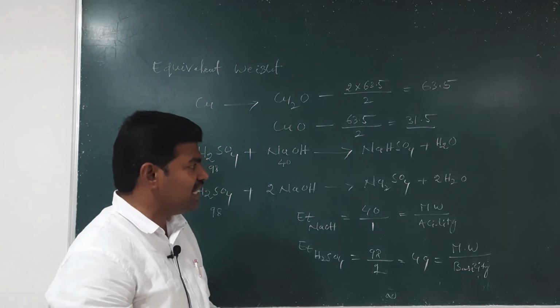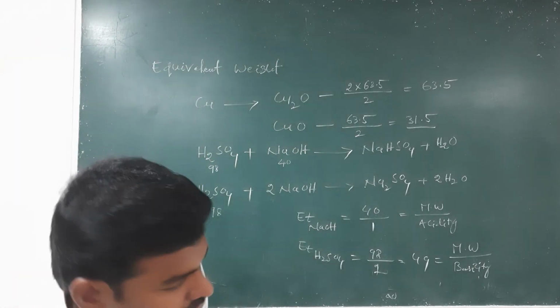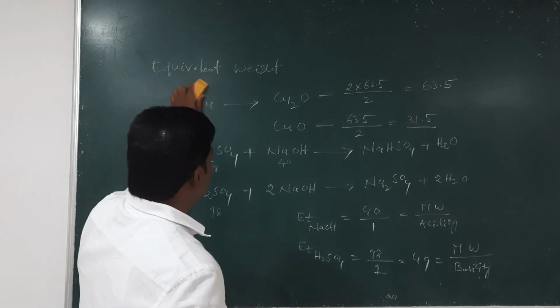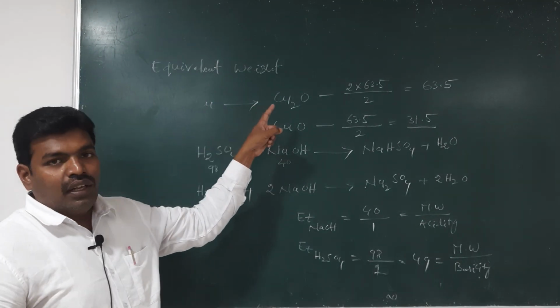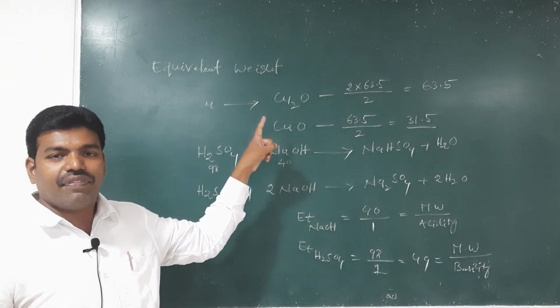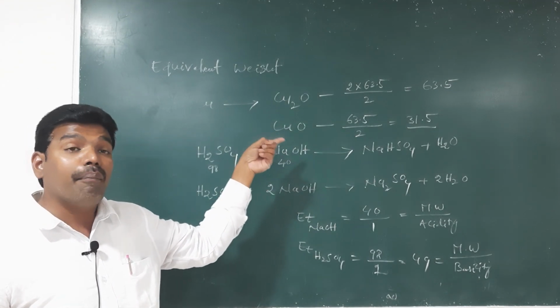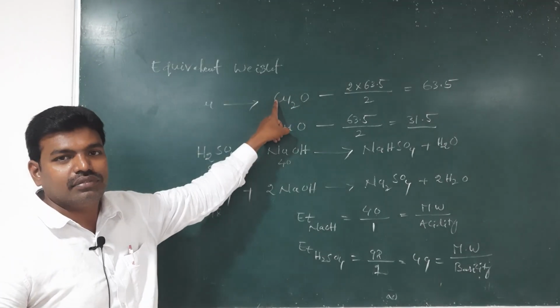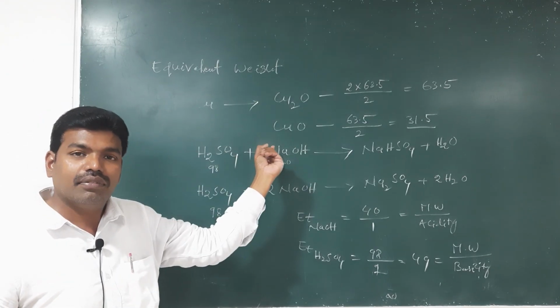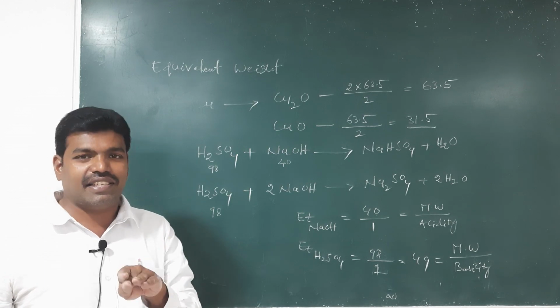Next, let us see another example. Equivalent weight is the number of parts by mass of a substance that combines with, here oxygen combines with copper, or displaces.